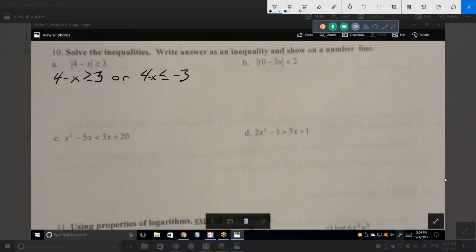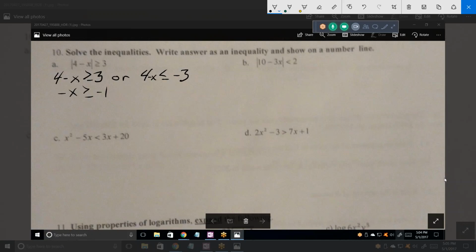Let's go ahead and solve the left side. Let's make sure you know how to handle that. How do I solve the left side? In other words, this part. You subtract 4. Okay, so then I got minus x is greater than or equal to minus 1.